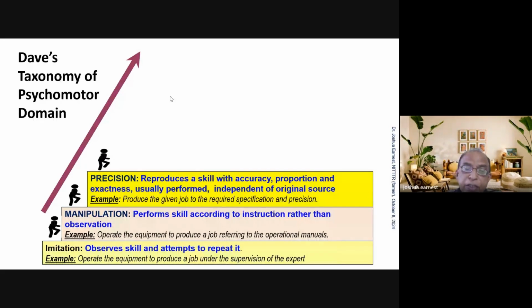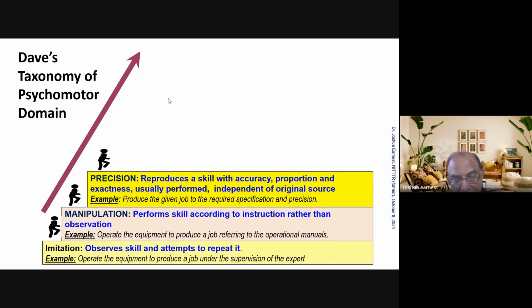So the industry wants that at least at the third level, we should produce students, or our practicals should be administered in such a way that the students are able to perform with some level of precision. That is why we call it Dave's taxonomy: D1, D2, D3. So at the D3 level, they have to perform.